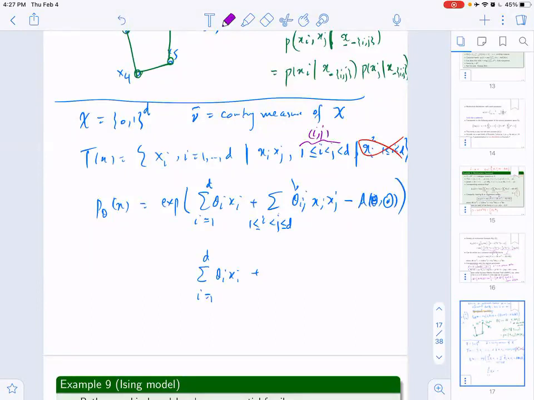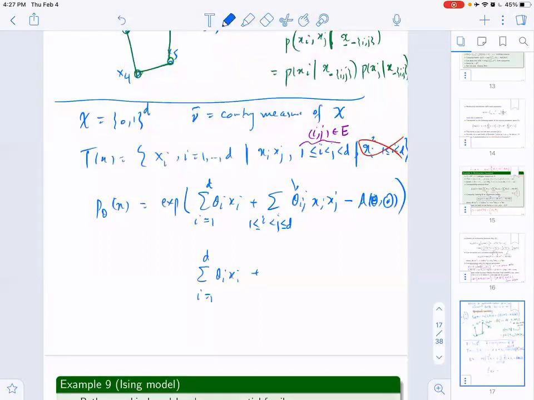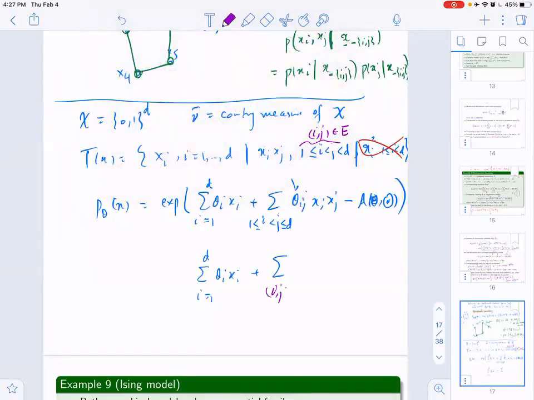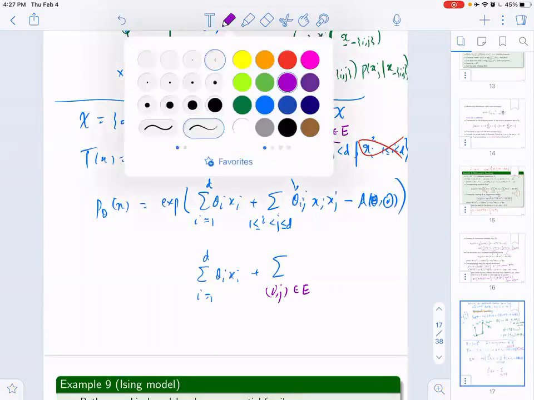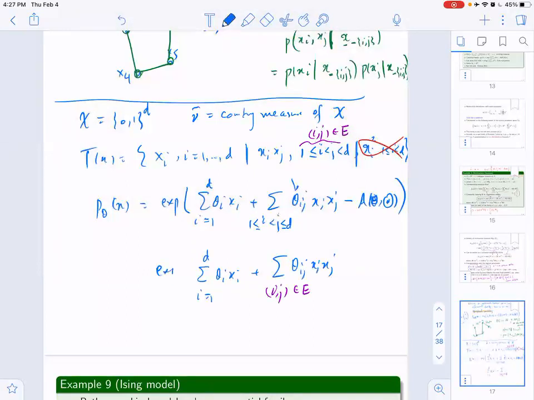So as long as they're edges of a graph on these nodes, instead of including all, I'm just going to include all the terms that are given by an edge. And so this would give me different Ising models.